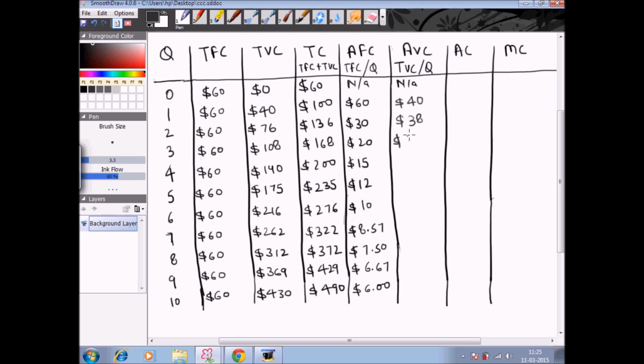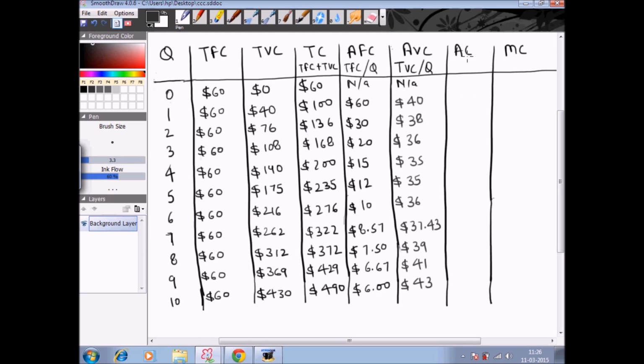Then likewise we calculate the average variable cost. So this is how we calculate the average variable cost.